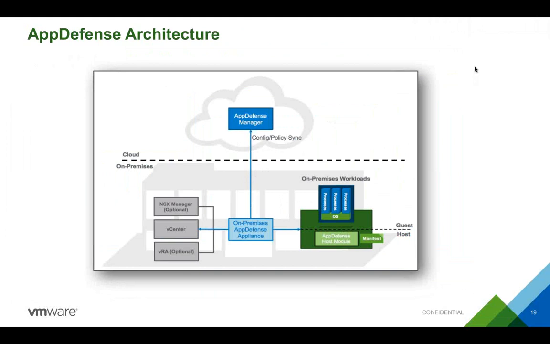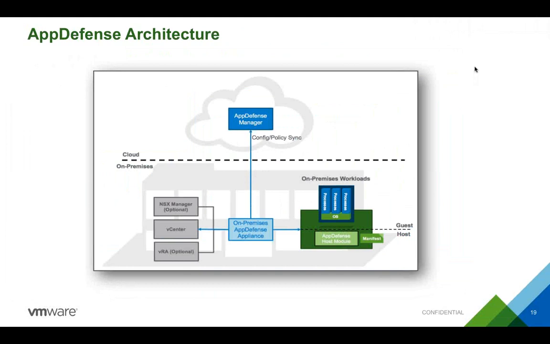You deploy an on-prem AppDefense appliance, which acts as a proxy, and the only requirement for running AppDefense is vCenter. NSX and VRA are optional components, but they are very, very important.